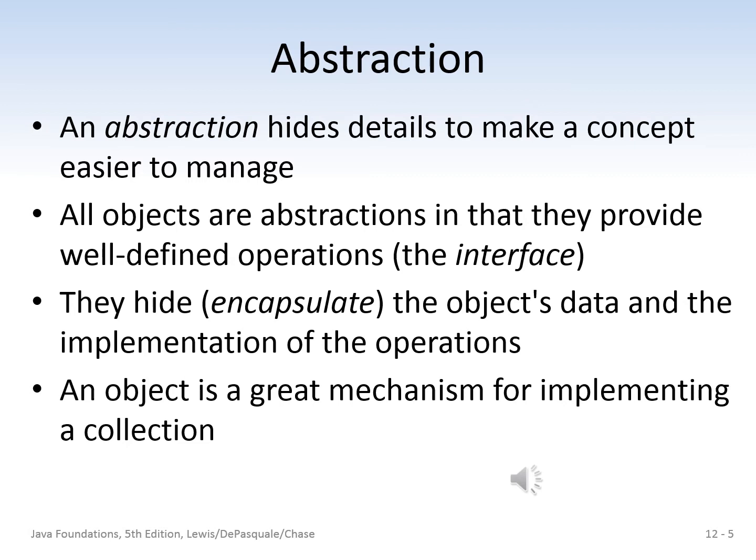All objects are abstractions in that they provide well-defined operations through the interface, access to the methods. They hide or encapsulate the object's data, and also the implementation of the operations, i.e. the methods. So over time, it's become pretty obvious that an object is an excellent way to implement a collection, an abstract collection, obviously.